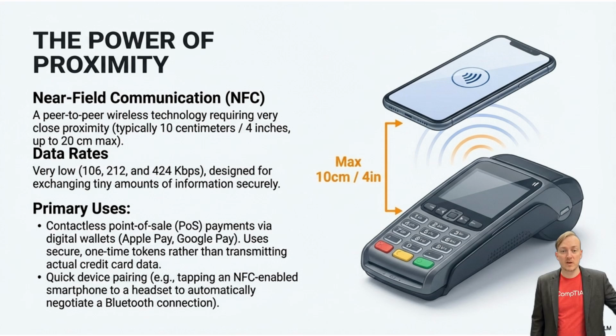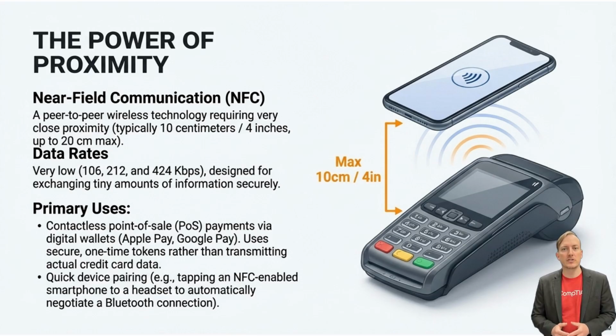Then there is the power of proximity with near-field communication, or NFC. NFC is a peer-to-peer wireless technology requiring very close proximity, typically 10 centimeters or 4 inches, up to a maximum of 20 centimeters. It has very low data rates, 106, 212, and 424 kbps, because it is designed solely for exchanging tiny amounts of information securely.